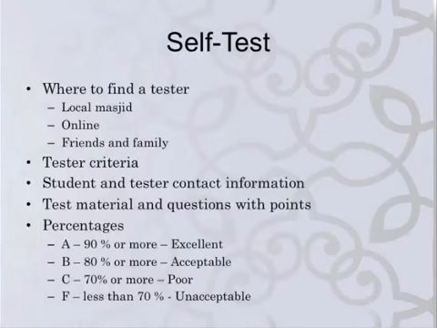I decided not to call this an acceptable grade, because usually in American universities and schools, A is considered excellent, B is considered good, C is considered acceptable, D is considered poor, and F is unacceptable. But my grading scale is slightly more aggressive than that.